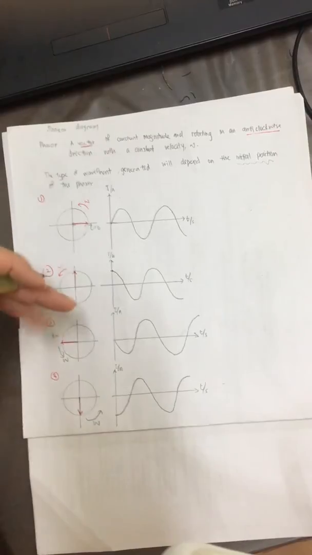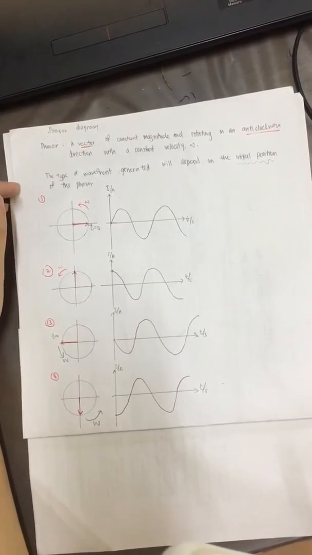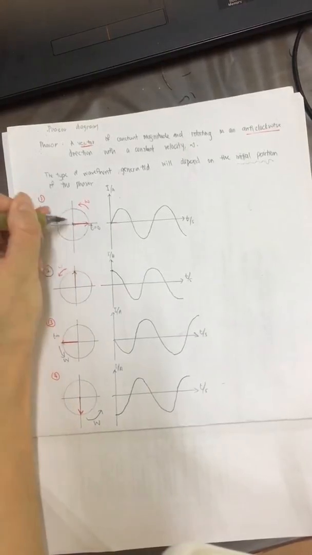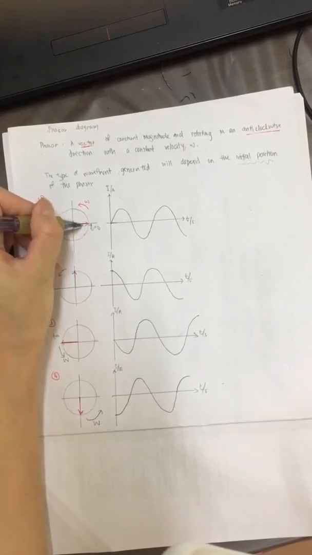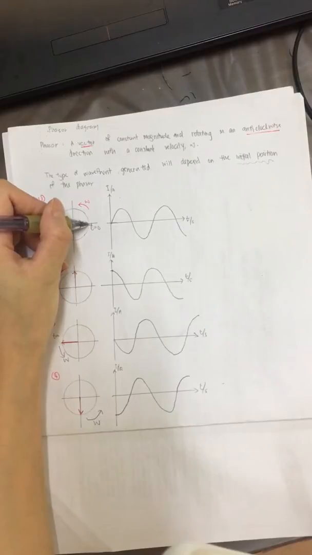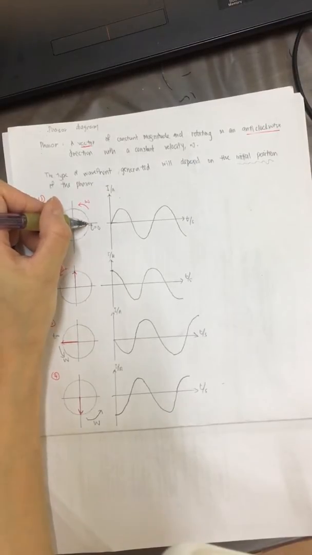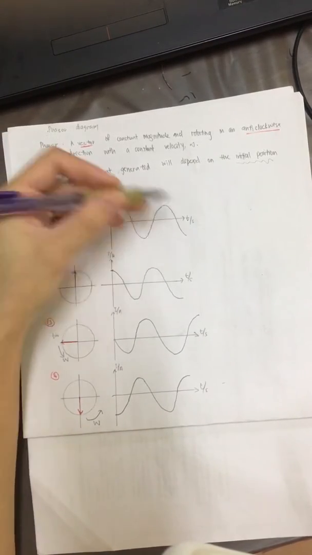So there are four types of wavefront here. When t equals 0, this phasor is at this position. It starts from 0, the angle is equal to 0, and the phasor is equal to 0, so it will generate a sine graph.